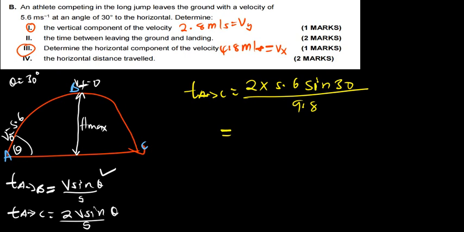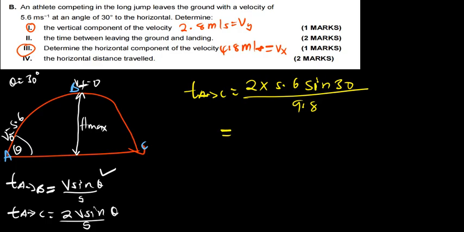Okay, so what time are we going to find? Let's see. So it's the same as if I say 5.6 sine 30 degrees, 2.8 divided by 9.8. I'm getting 0.28.